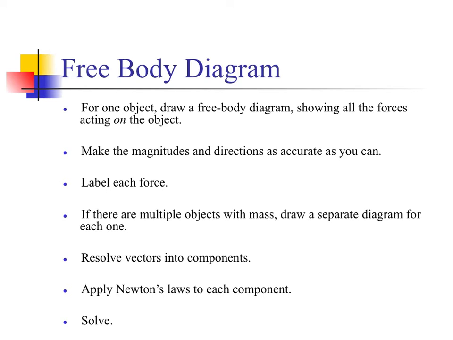So the step-by-step of it all is to draw. If you have more than one object, it's best to draw more than one free body diagram. And with that means showing all the forces acting on that object. Try to adjust for magnitudes.